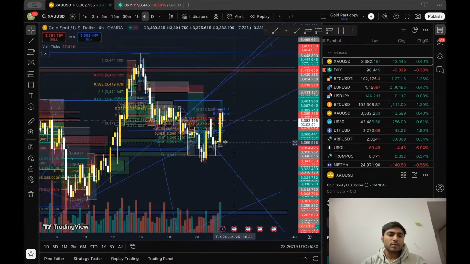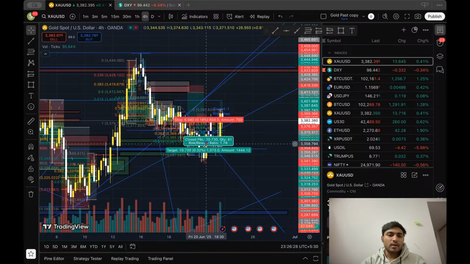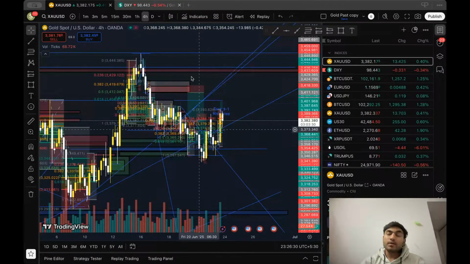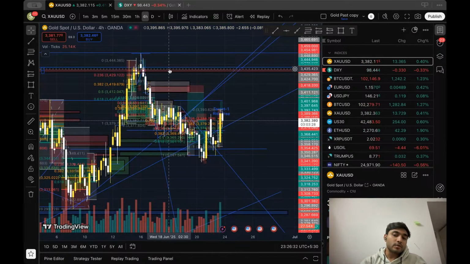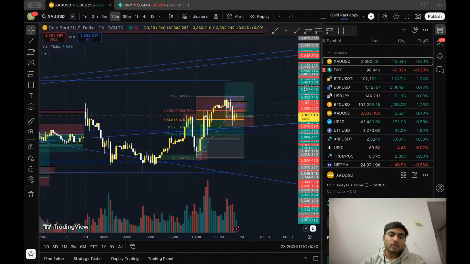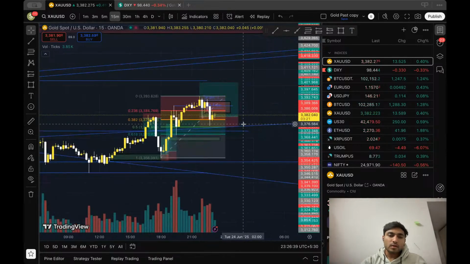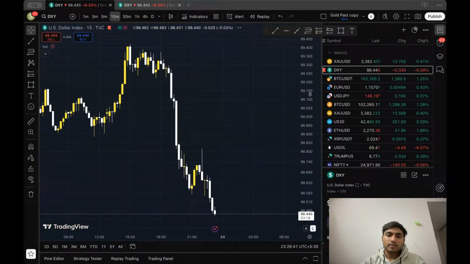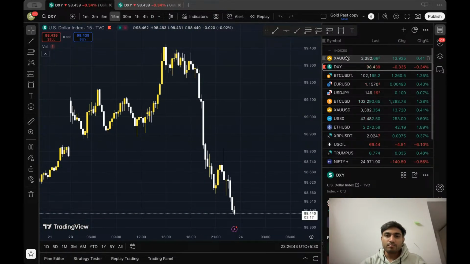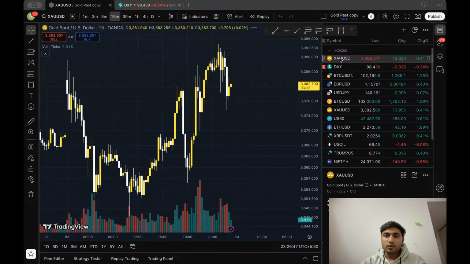The 4 hour is looking bullish only, and it's forming a pattern also. Market structure, and yeah, I think we were right. We were good to buy, but what can we do? Then why is gold bearish, even though DX was falling?